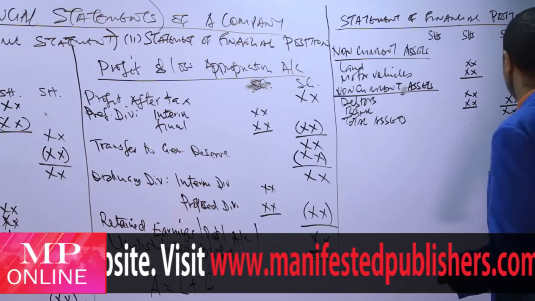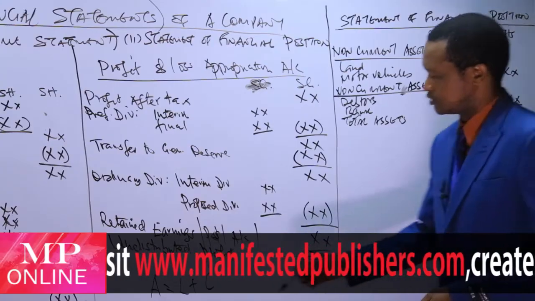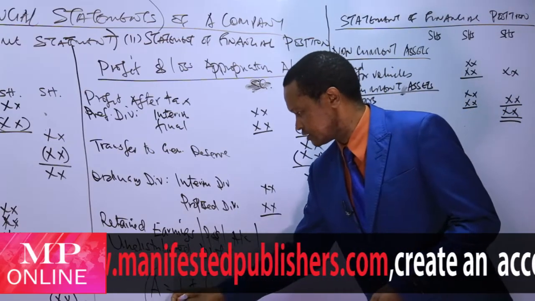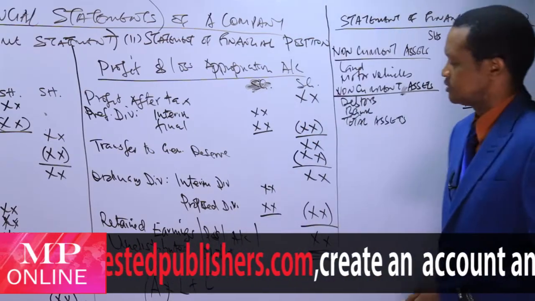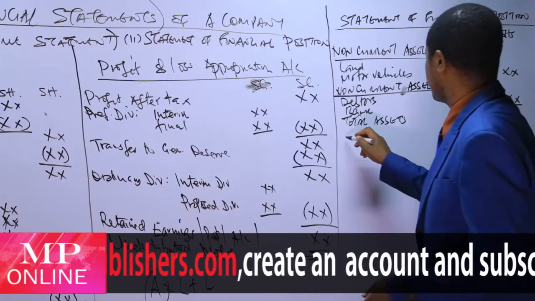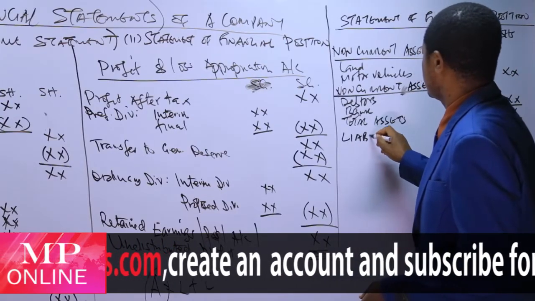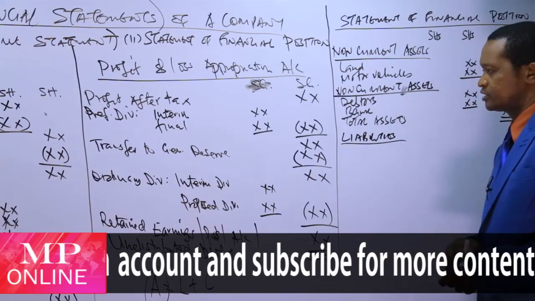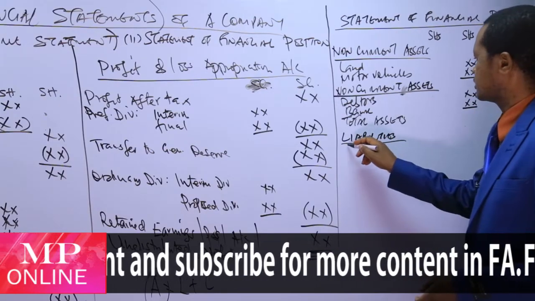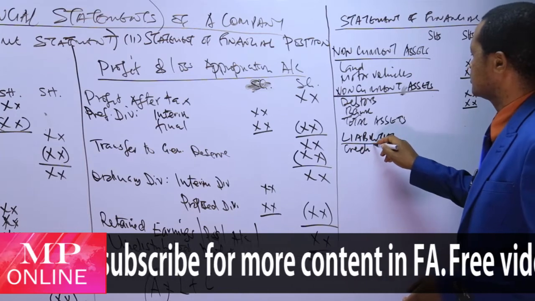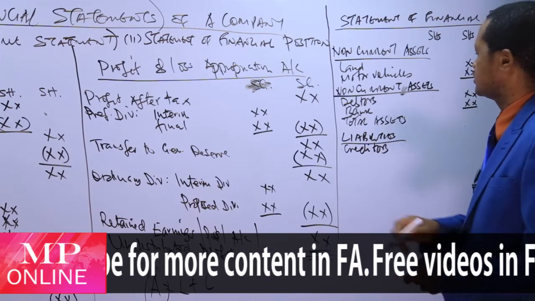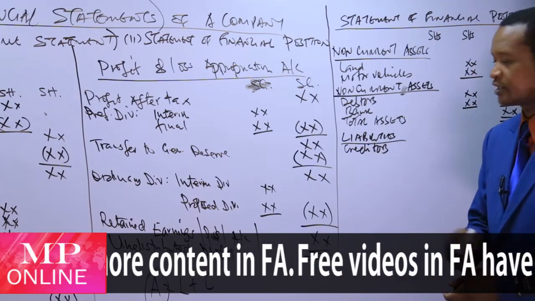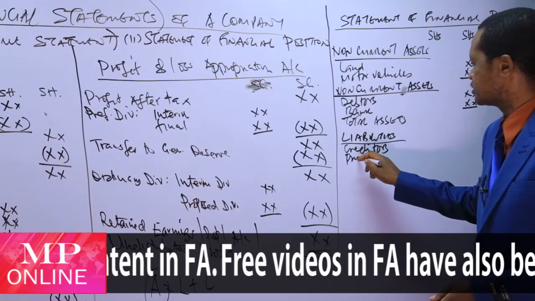This is assets. Then you can have the liabilities. Like creditors. You can have liabilities like proposed dividends.